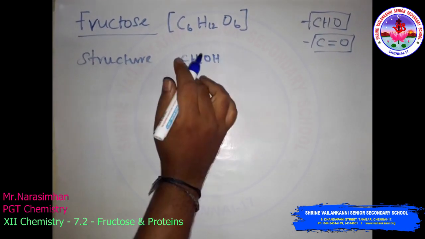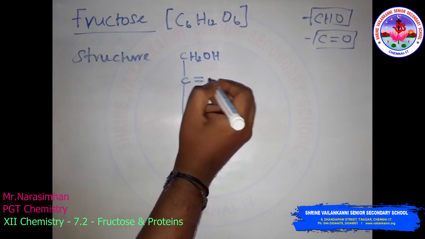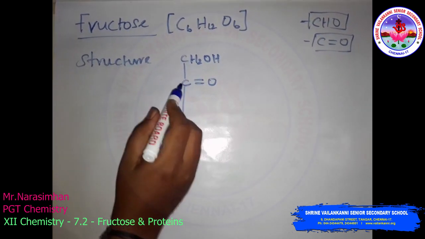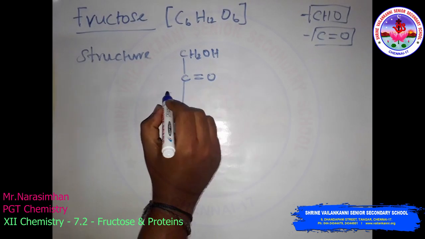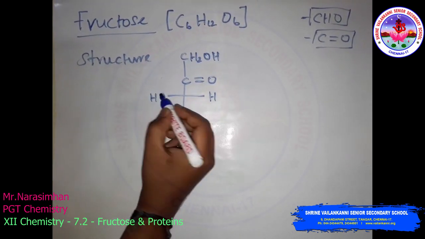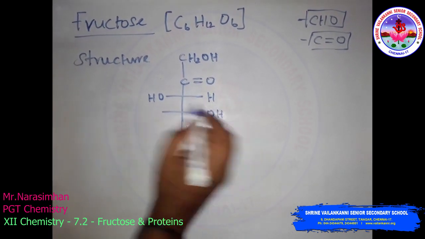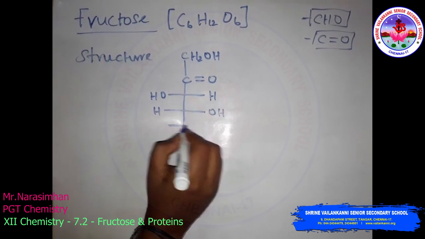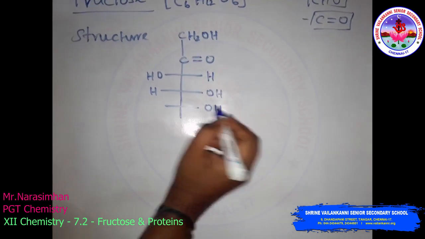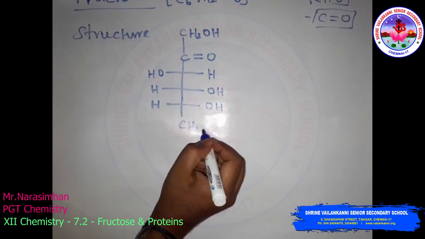CH2OH is the first carbon, and the second carbon has the ketonic functional group, and the remaining H, OH, OH, H, OH, H, CH2OH.